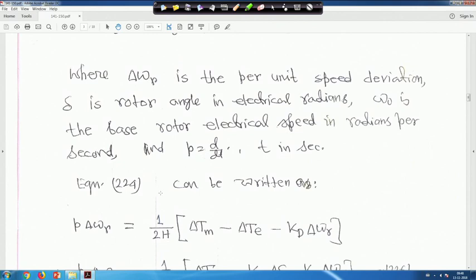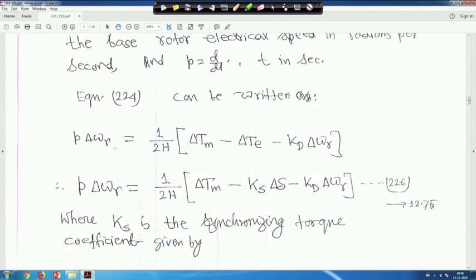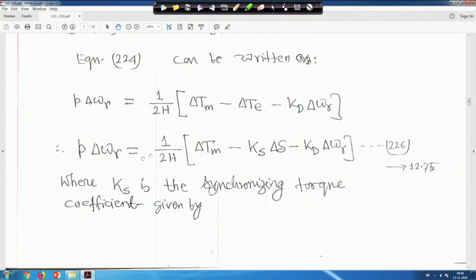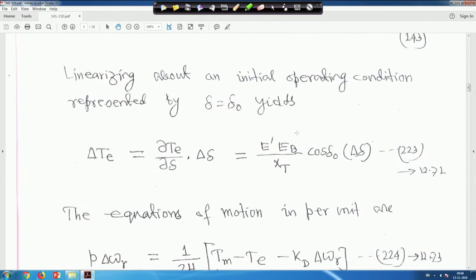Now, equation 224 can be written as p delta omega r is equal to 1 upon 2H into delta T m minus delta T e minus K d delta omega r, this I have explained already. Here delta T e we are representing as K s delta delta, so this equation can be written as it is K s into delta delta.